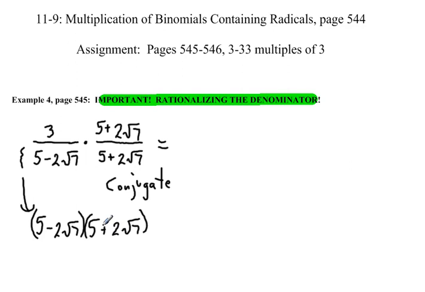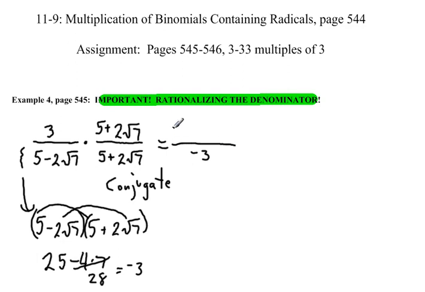I don't have a middle term to worry about. I have to worry about 5 times 5, and I have to worry about the 2 square root of 7. So 5 times 5 is 25. Negative 2 times 2 is negative 4, and it's going to be times 7. 4 times 7 is 28. So underneath, I'm going to have a negative 3.